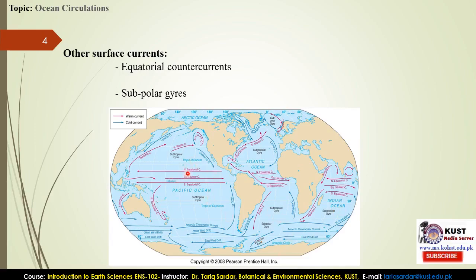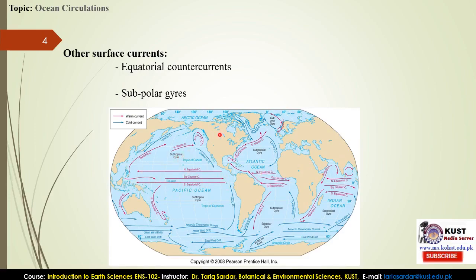If we see the north equatorial currents here, and then the equatorial countercurrents, these run counter to the equatorial currents, while the sub-equatorial countercurrents are adjacent and also opposite to the equatorial areas.